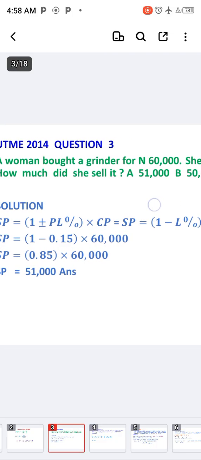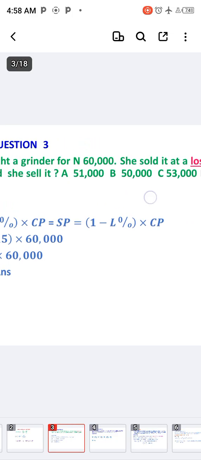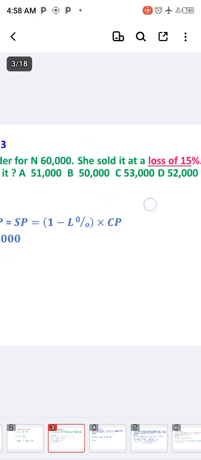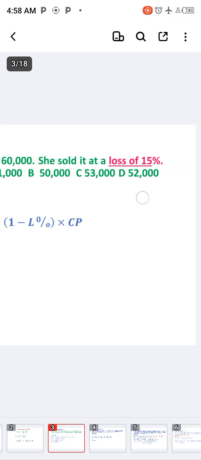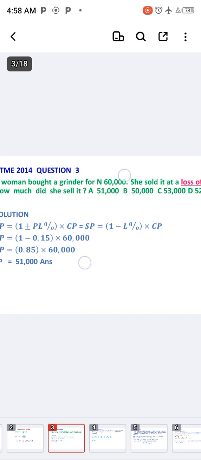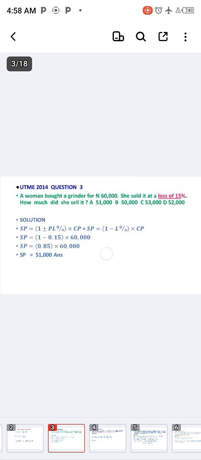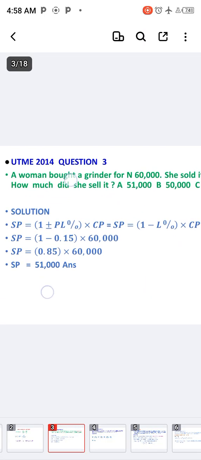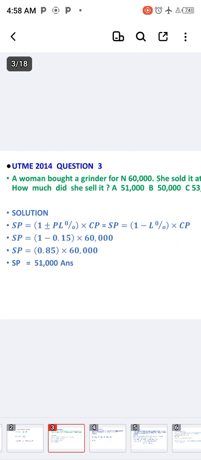A, 51,000. B, 50,000. C, 53,000. And D, 52,000. Now, the question says, how much did she sell it? Which means we're calculating the selling price.